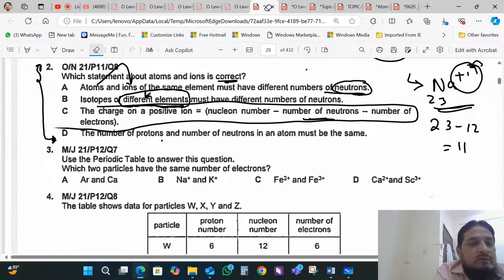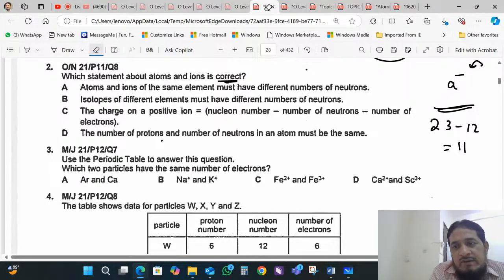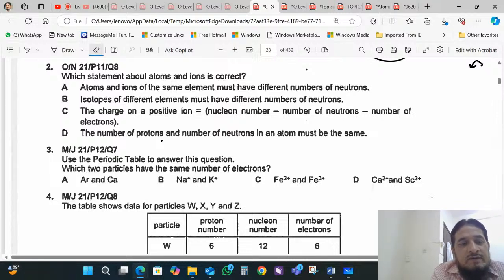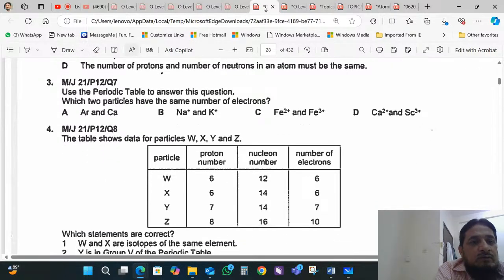So I am going to erase it. All these questions you can simply text me and I will send you all these questions for your practice. Now the next question, he's saying use a periodic table to answer it.